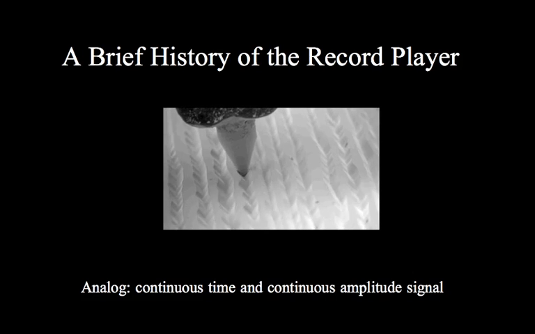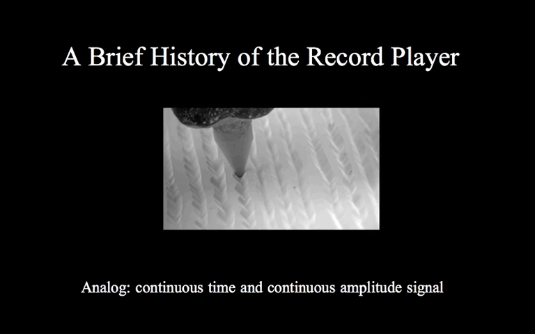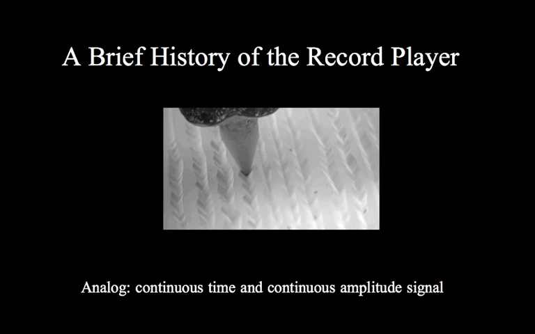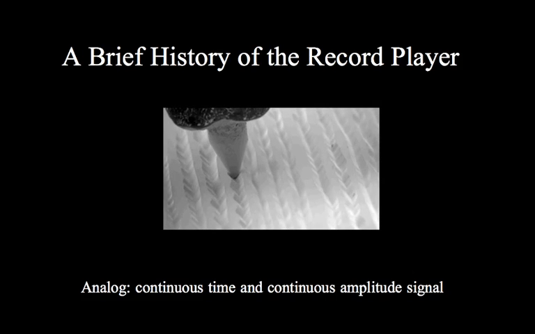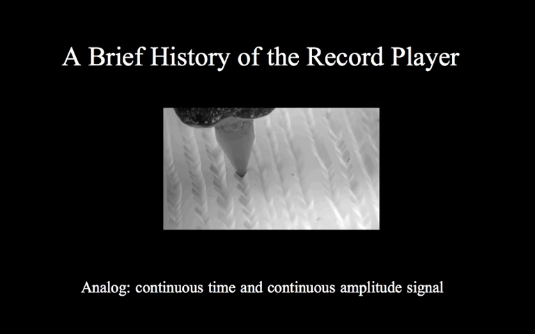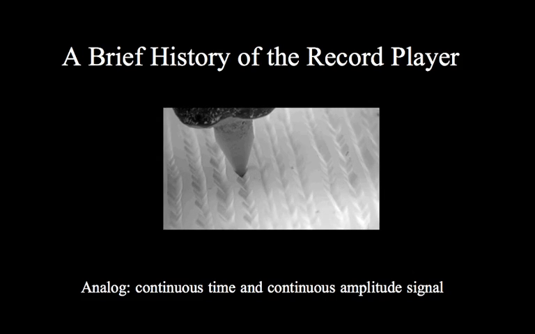It is literally tracing whatever was written onto that disc. It doesn't skip any information. It is continuous. You can slow it down, you can speed it up, but there are no gaps. It is this continuous physical process.